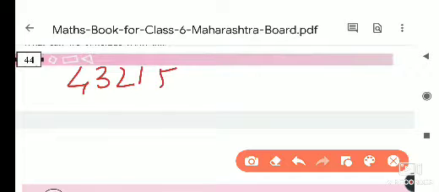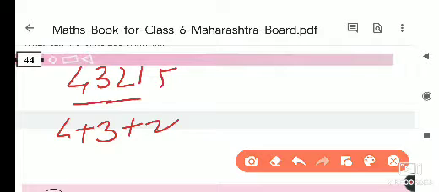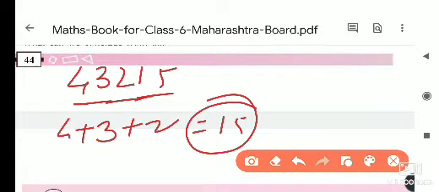So we add: 4 plus 3 is 7, 7 plus 2 is 9, 9 plus 1 is 10, and 10 plus 5 is 15. So the sum of the digits is 15. Is 15 divisible by 9?